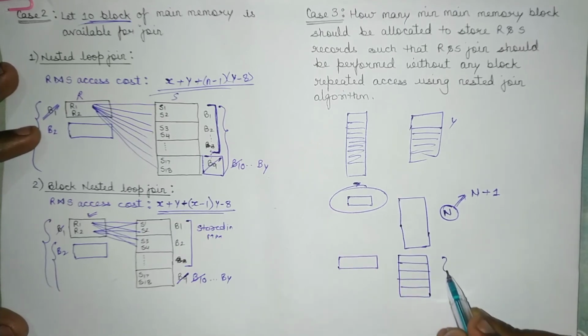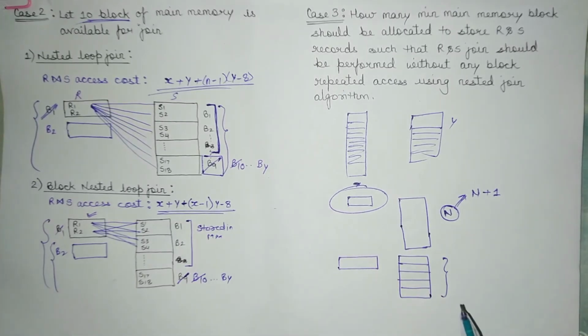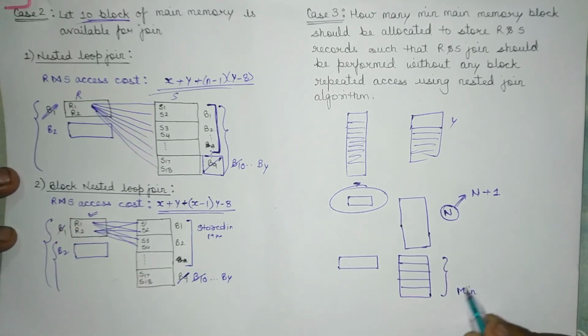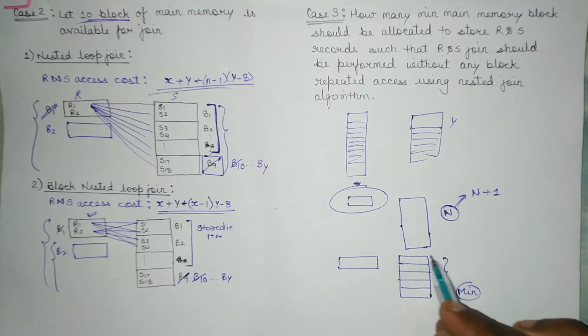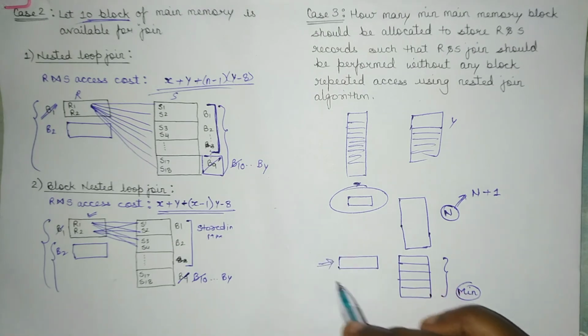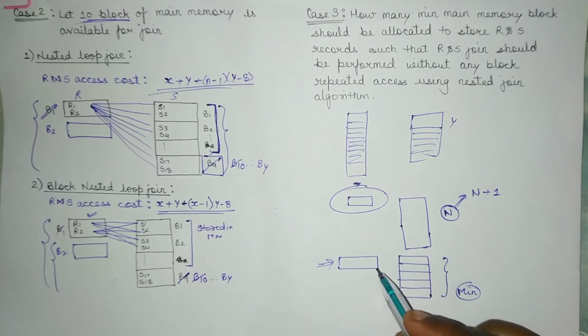So if the size of the second relation is minimum, then we do not need to access it again and again, because it will already be present in the memory. We just access the blocks of the outer relation one by one, which will not be repeated, because every time we will be accessing a new block.